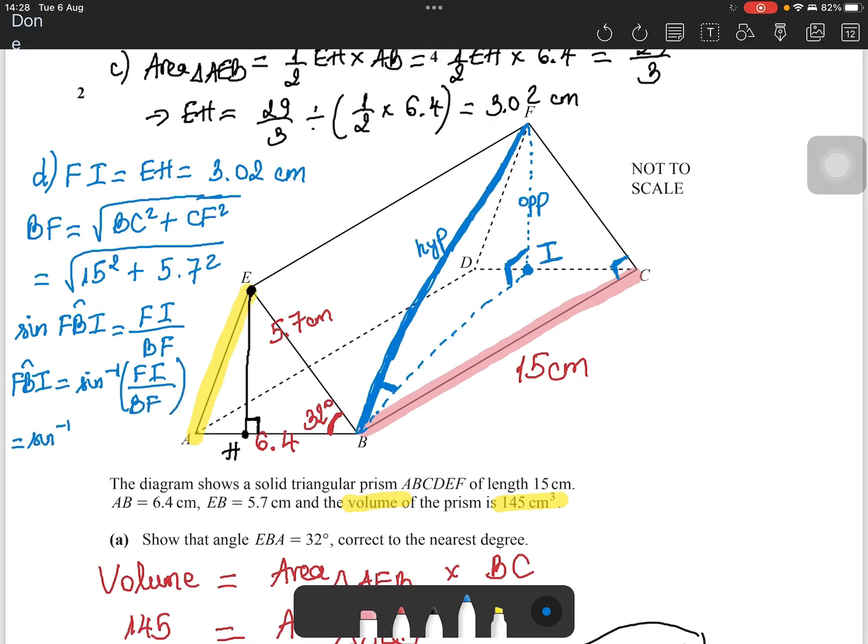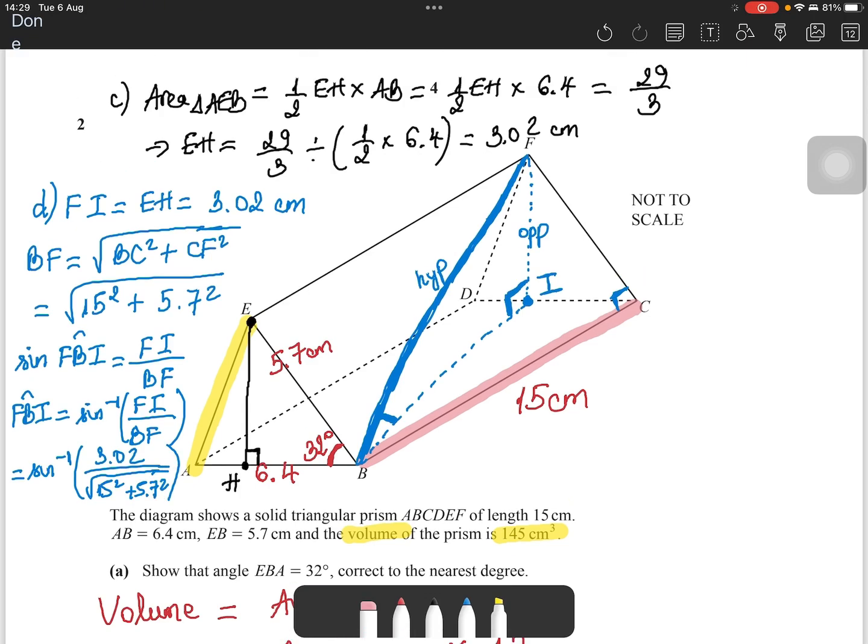You know that FI is 3.02 and BF is the square root of 15 squared plus 5.7 squared. So the answer for this is 10.9 degrees.